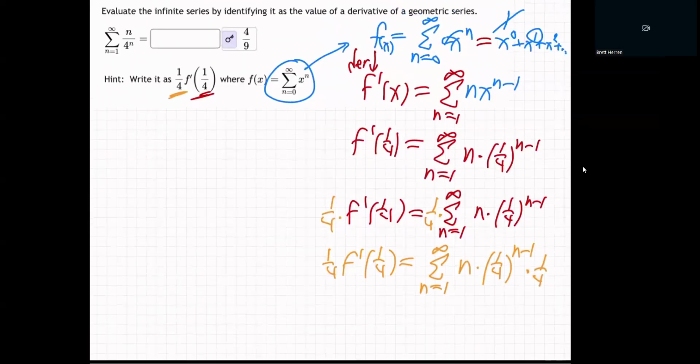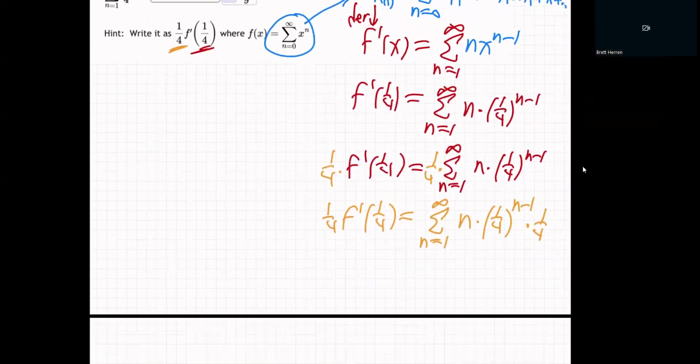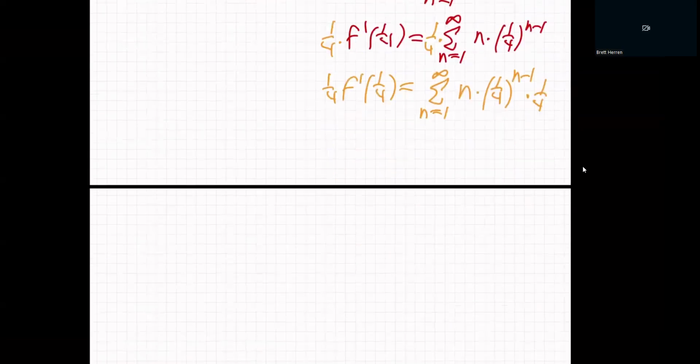That's going to add powers. Whenever you have the same bases multiplied, you can add powers. So that'll make it 1/4 to the n minus 1 plus 1, and those will cancel. It's just 1/4 to the n.